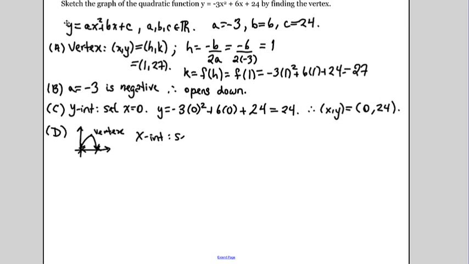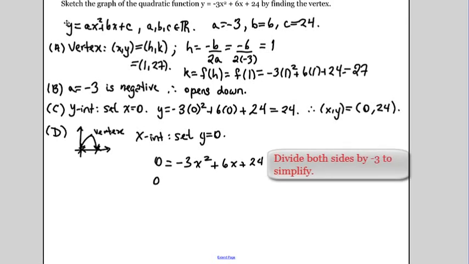So to find the x-intercepts, we're going to set y equal to 0. This gives us the following equation. We can divide both sides by -3 to simplify the equation before we factor it.